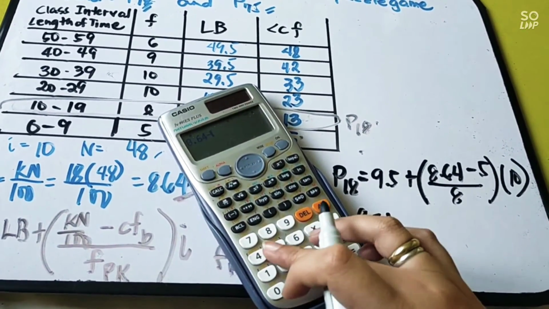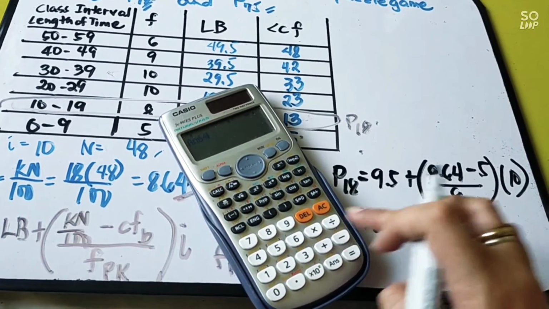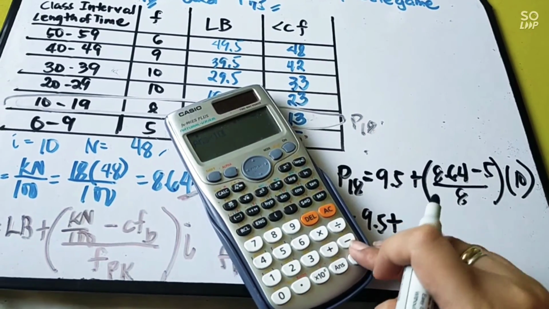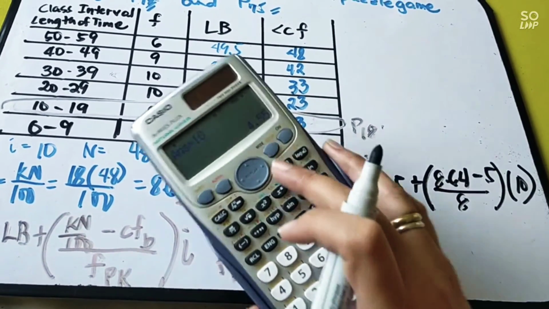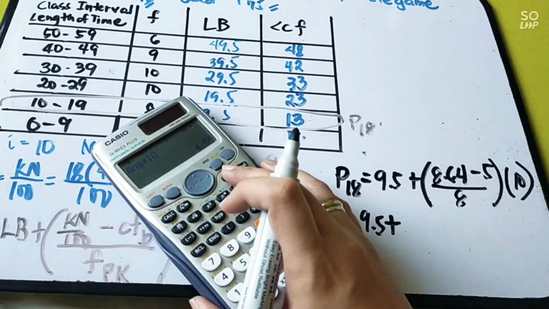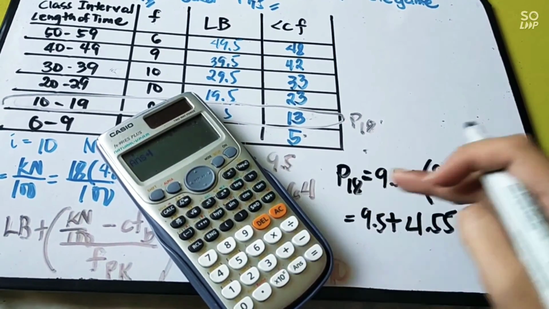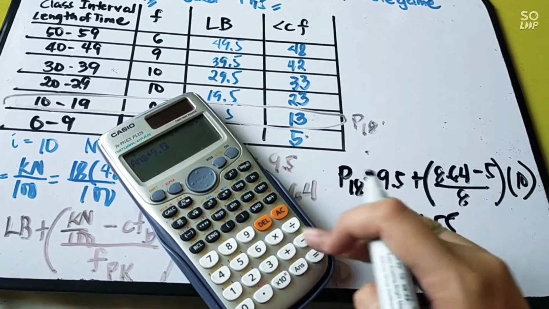8.64 minus 5. Then, divided by 8. Then, multiplied by 10. So, the answer is 4.55. Then, add mo lang si 9.5.